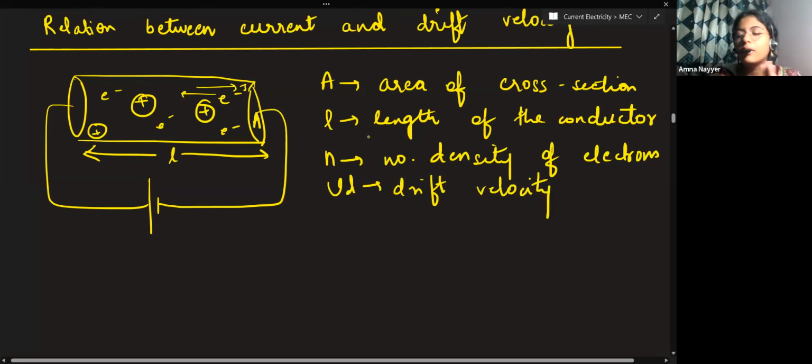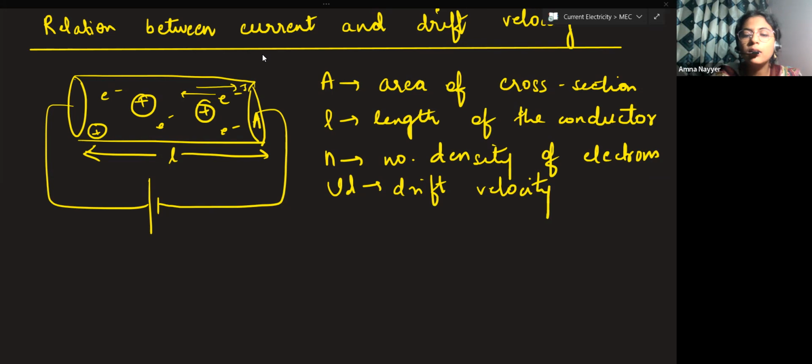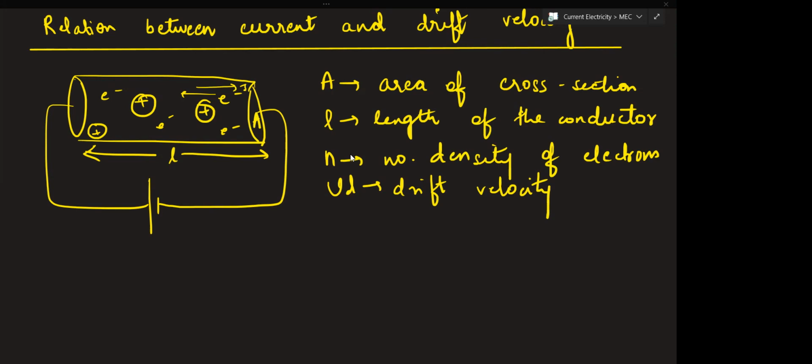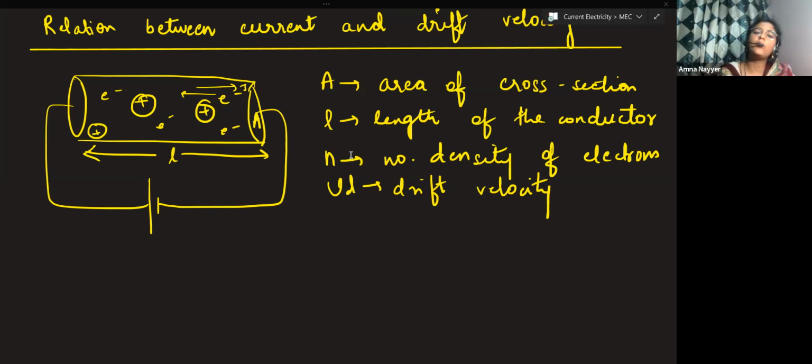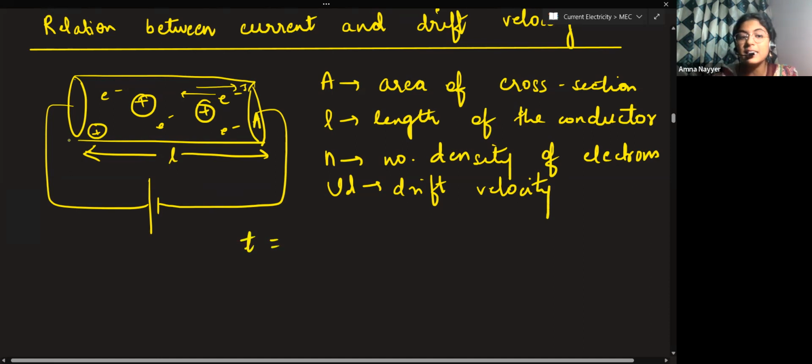Okay, so what is velocity's definition? What is the formula of velocity in terms of distance and time? Distance by time. So time will be distance by speed. Distance covered by the electron here is the length of the conductor.